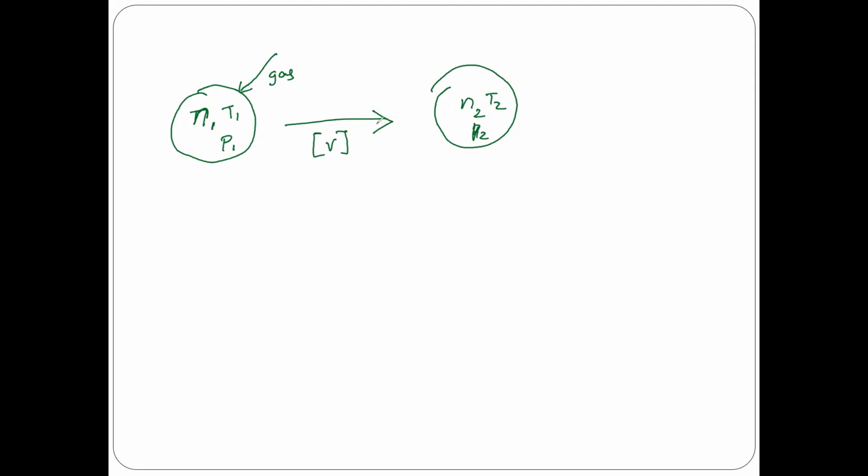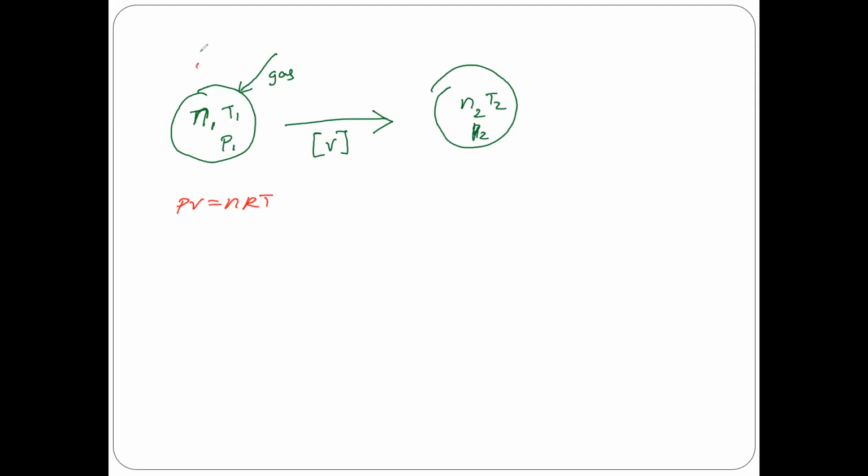So when we speak about the ideal gas, first you write the equation PV equals nRT. By using that, apply it for this.